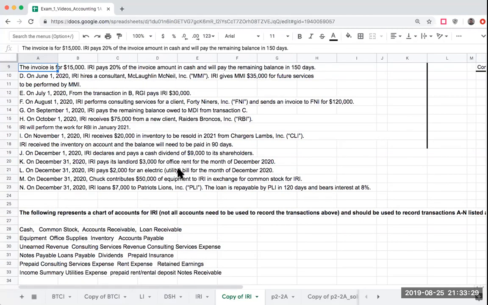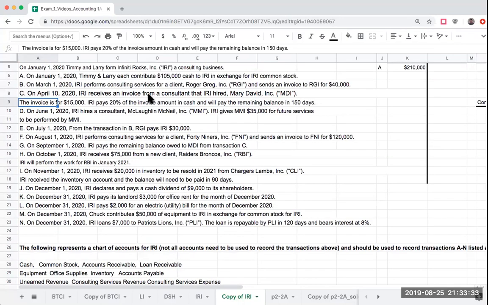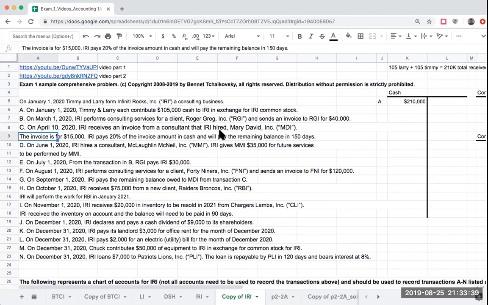So I hired a consultant. I received an invoice from a consultant that we hired, basically for Mary David. They sent me an invoice for $15,000. I paid 20% of the amount in cash.